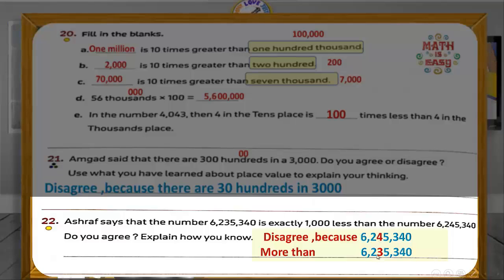With how many zeros? 1, 2, 3, 4, or with how many digits? 1, 2, 3, 4. That means 10 thousand less than, not 1,000. So we disagree because the second number is more than the first number by 10 thousand, not 1,000.